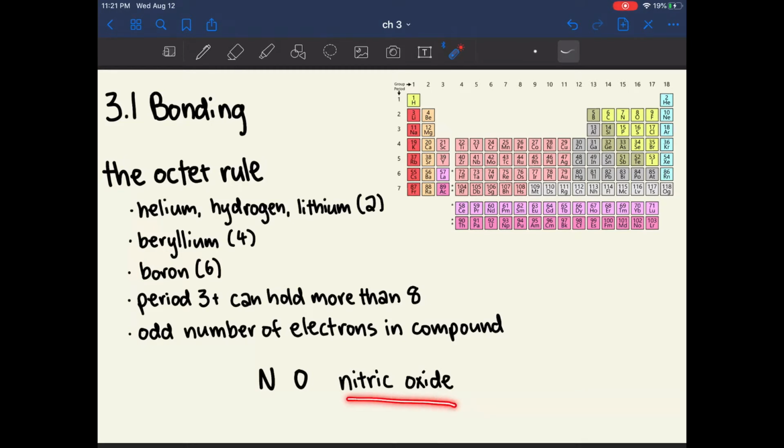So for example, we have nitric oxide here, which has a total of 11 valence electrons because 5 of them come from nitrogen and 6 of them come from oxygen. So we can use guess and check to try to draw in a full octet for nitrogen and oxygen. If we try to put a double bond, which means that there are 4 electrons in this bond because there are 2 in this and 2 in the second.